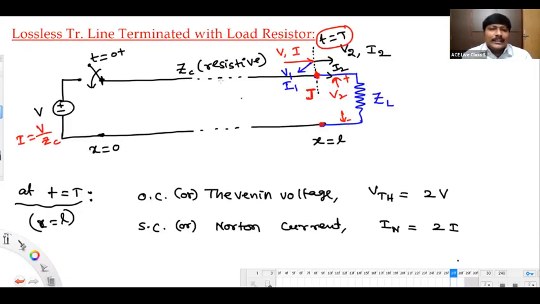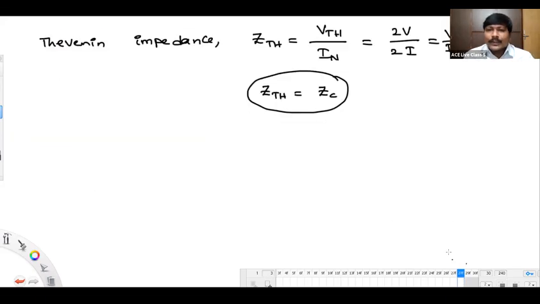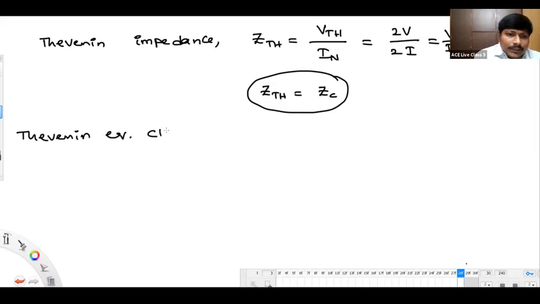ZTH is nothing but the surge impedance of the transmission line. Now, the Thevenin equivalent circuit, which is valid only at time t equals capital T, as well as at the point x equals L.